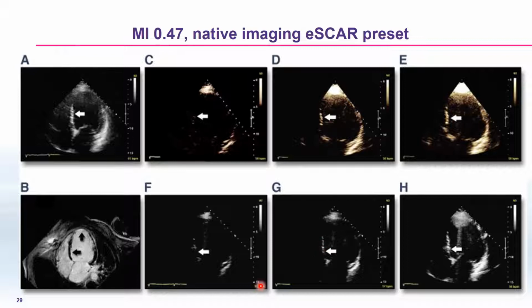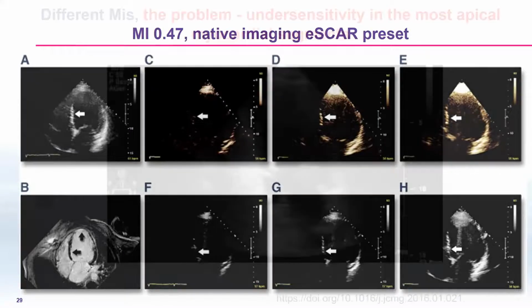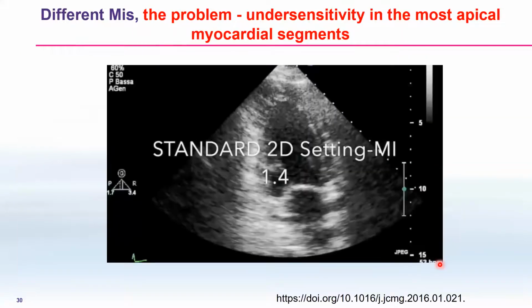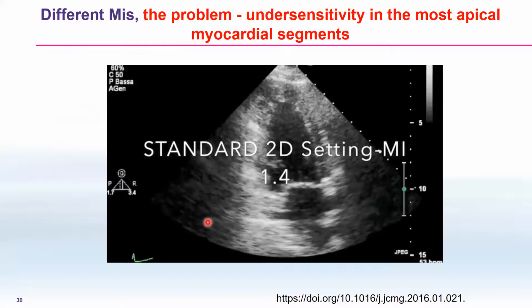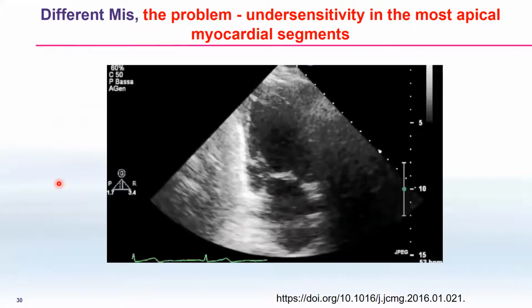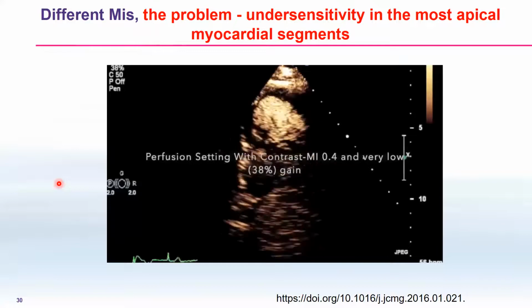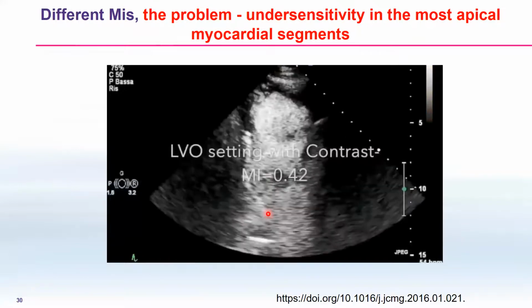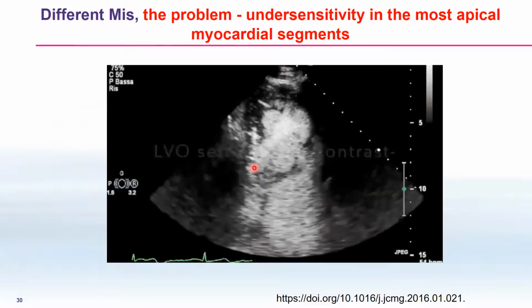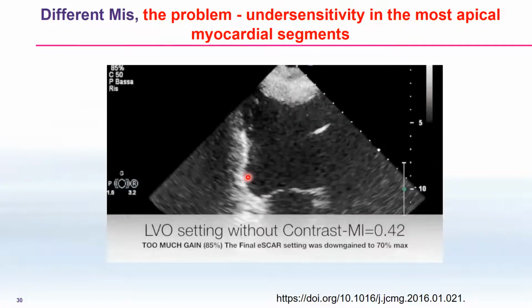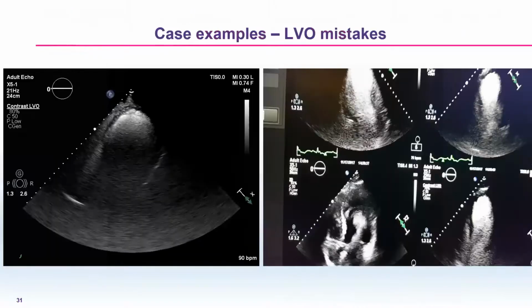This is the preset, and you can take a look at how this looks in the loops. But the big problem with this technique is that it's insensitive for the apical segments, and actually, the apical segments are one of the most important ones. You can see the scar here. It's very clearly seen. So it's a special preset that you can use.